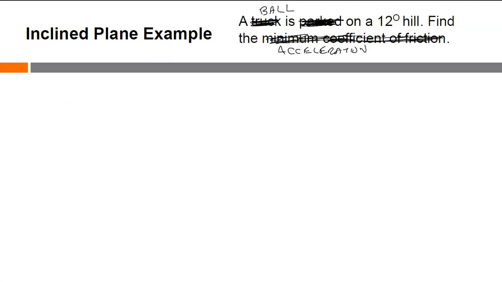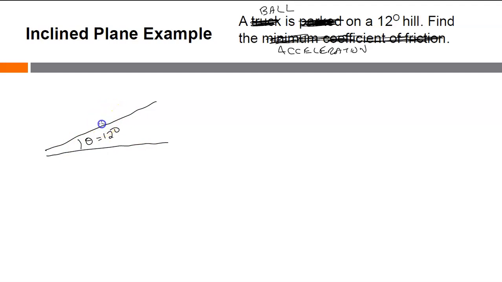Find the acceleration. So I'm going to come over here and draw a force diagram, if I can find the cursor for my pencil. Oh, it's way over here on my other screen. Okay, so here's my hill. I've got 12 degrees right there.